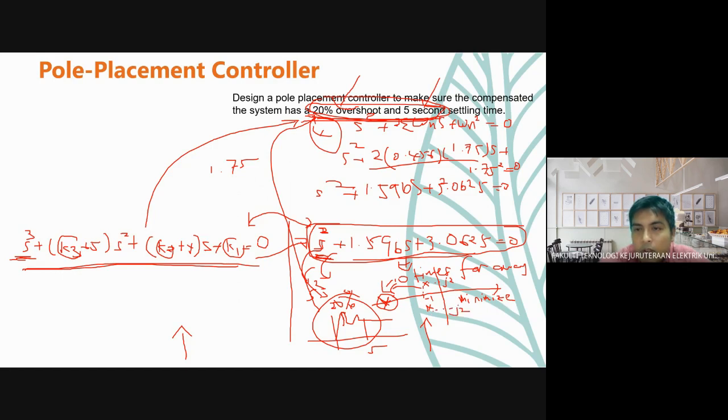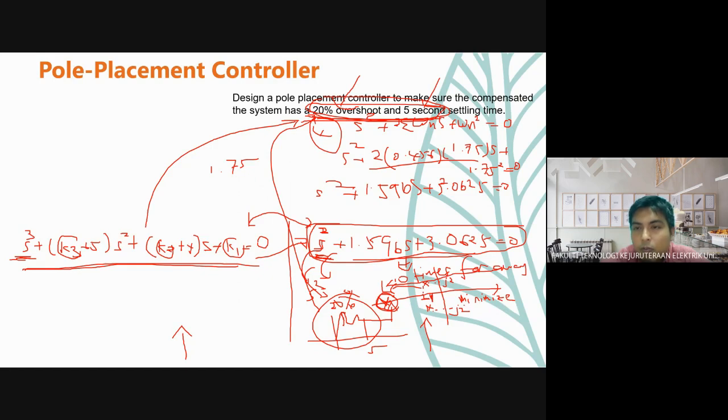Okay. So you can place the third pole here 10 times far away from the location of these two poles. So example, this is -1. So what is the location of the third pole here? What do you think? This is -1, right?